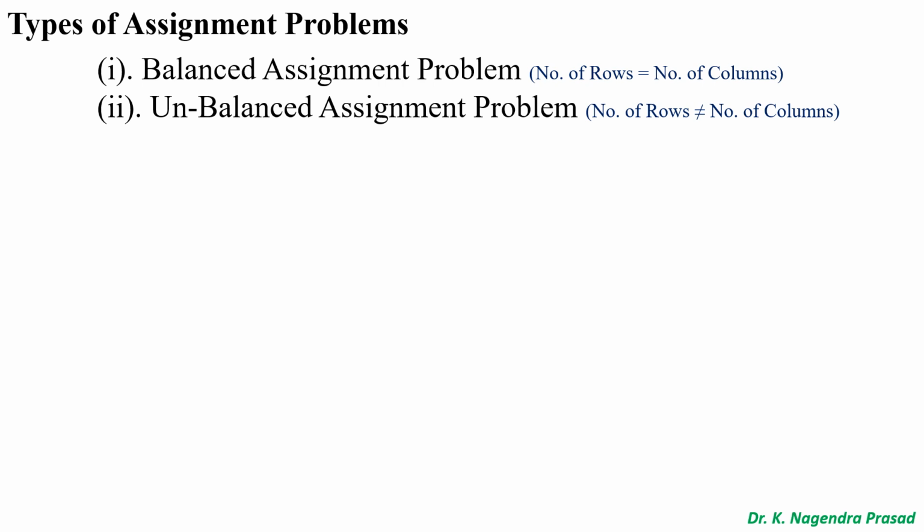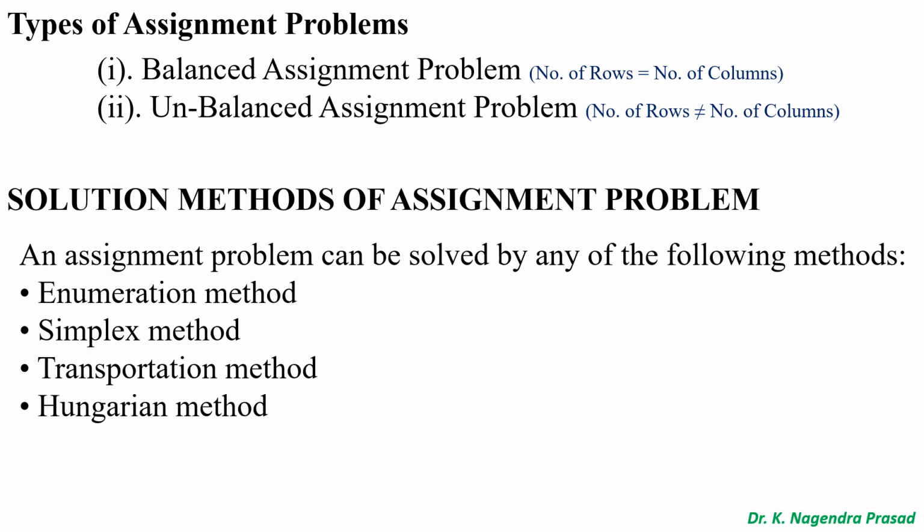In a square matrix, obviously, the number of rows equals the number of columns, so the number of persons equals the number of jobs. The second one is the unbalanced assignment problem. Here the number of rows is not equal to the number of columns.